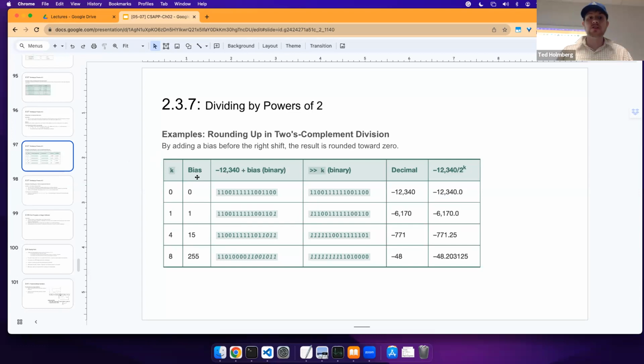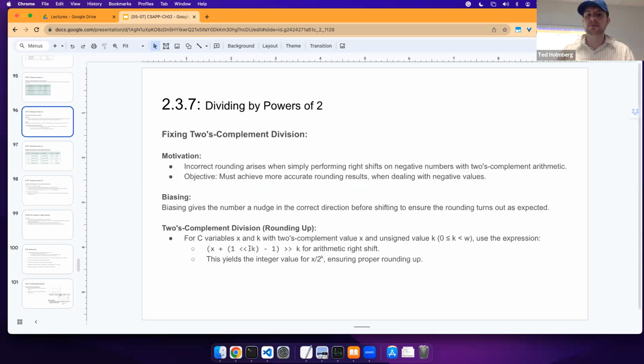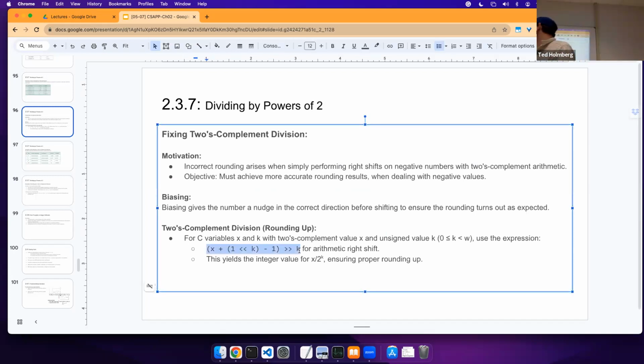So again, we're going to do the same shifts we did before with the same numbers, and we're going to introduce this bias term that is going to be applied towards it. And now when the bias is applied, it's going to produce the values that we'd expect. And again, this bias term is defined based off of this K inside this expression here. So notice it's not something we select.